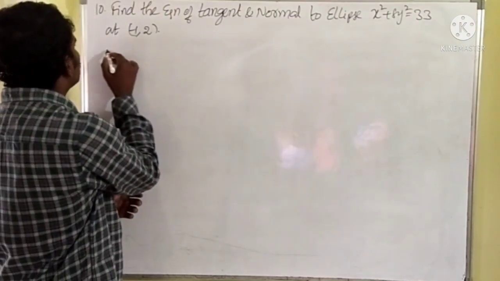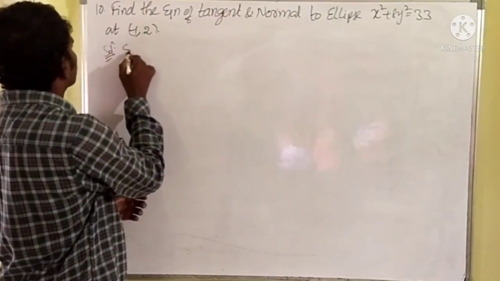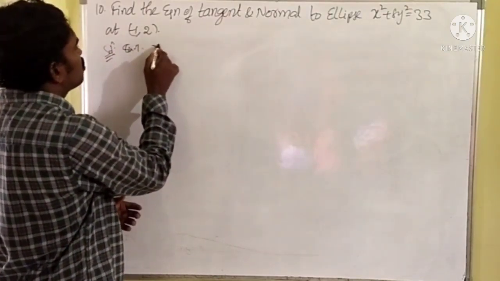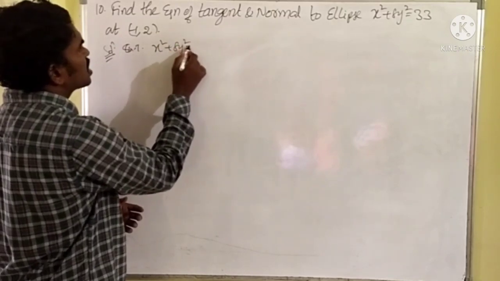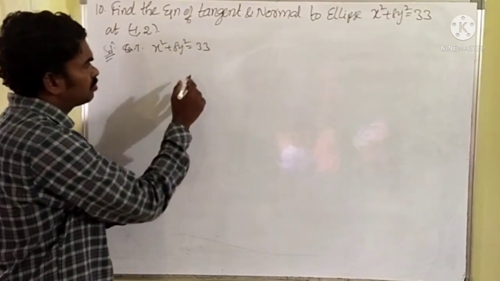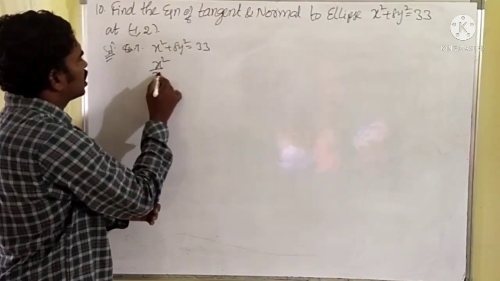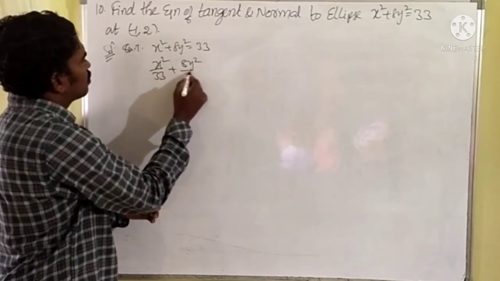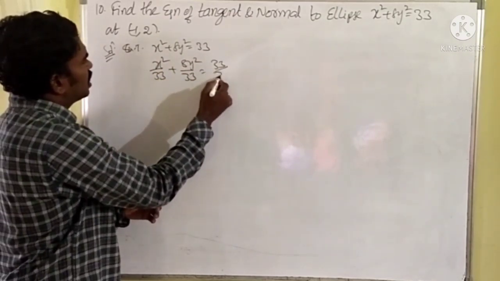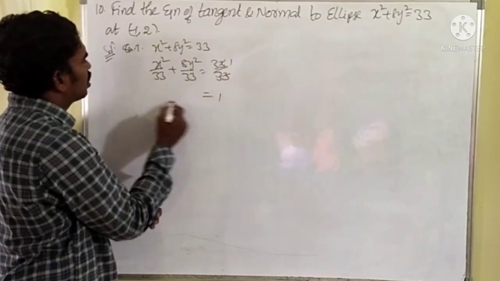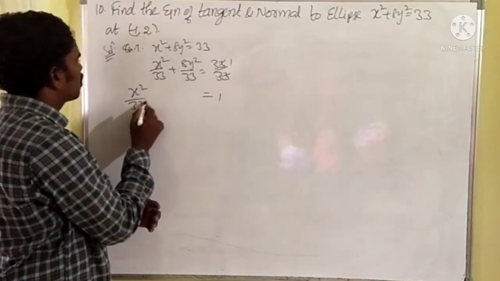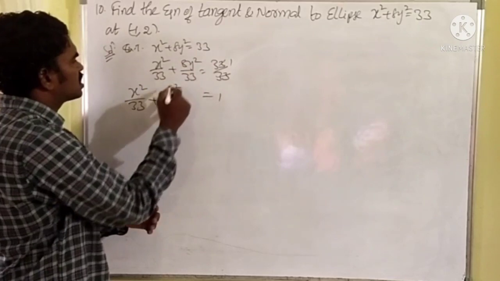So first, what is the first thing given? The first step is to write the ellipse equation in the general form. 33 is there, so divide by 33. 8y square by 33 is equal 33 by 33. Of course this is 1, but here x square by 33, plus y square by, not cancelling, so how can we write?